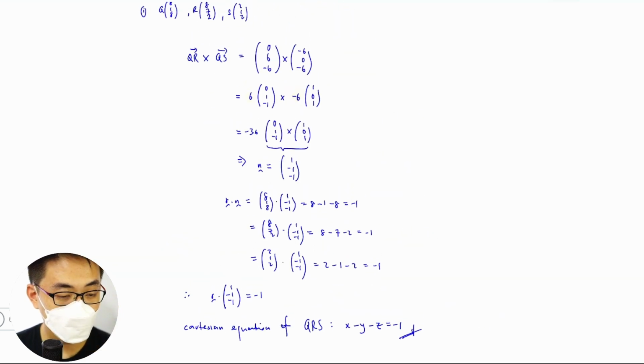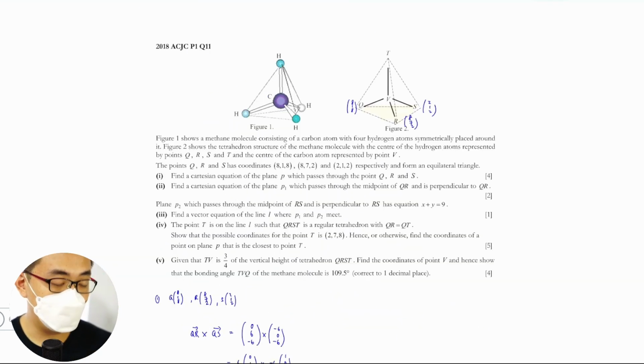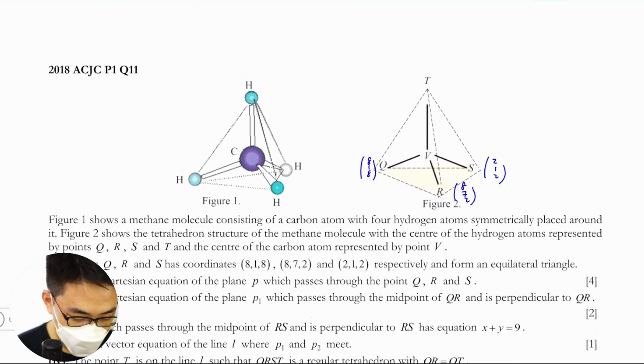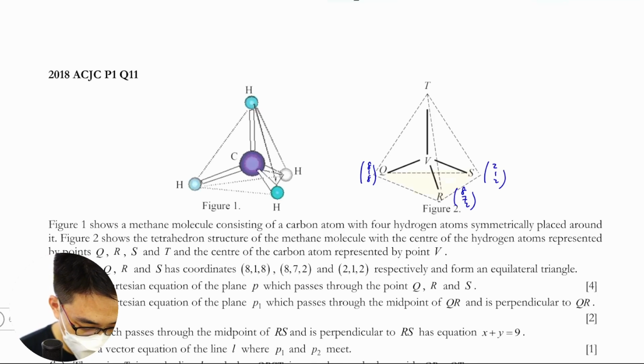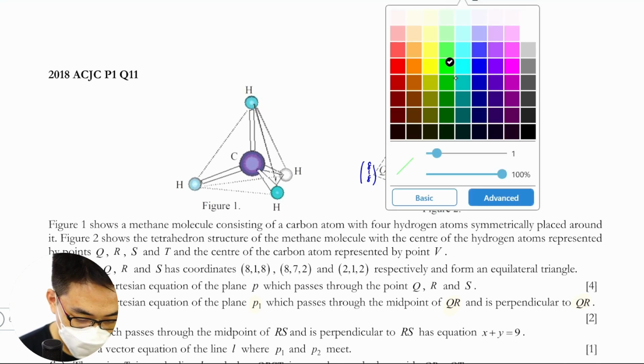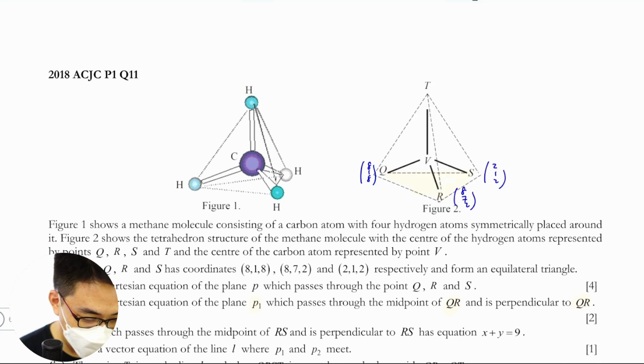There you go. So for part 2, find the Cartesian equation of P1, which passes through the midpoint of QR and is perpendicular to QR. Okay, great. If you think about it, try and draw it in. I'll try my best to draw it out. The midpoint will be roughly here.